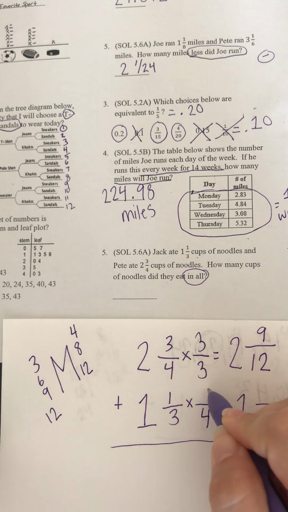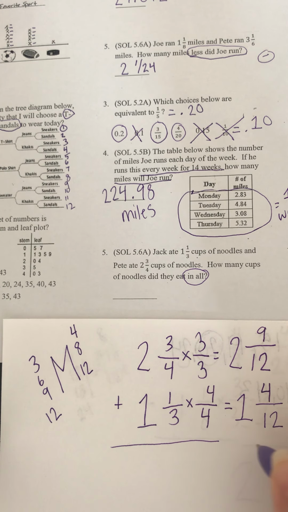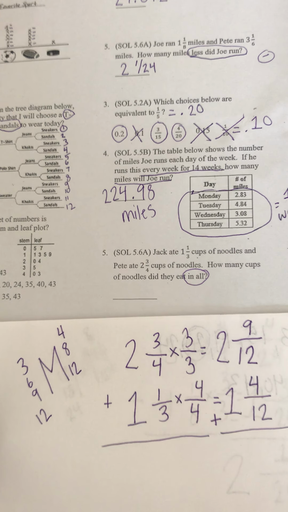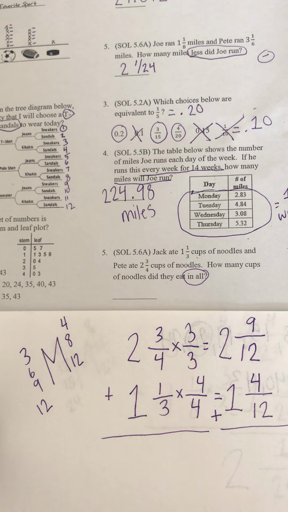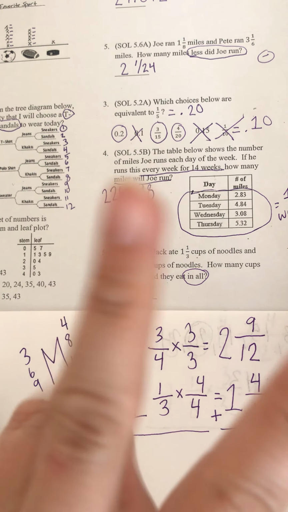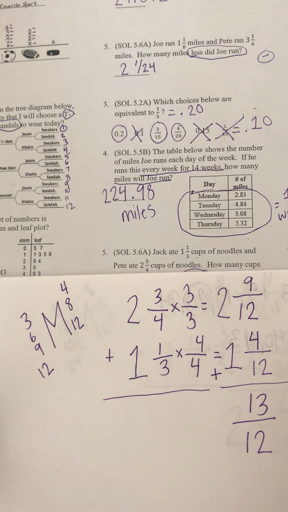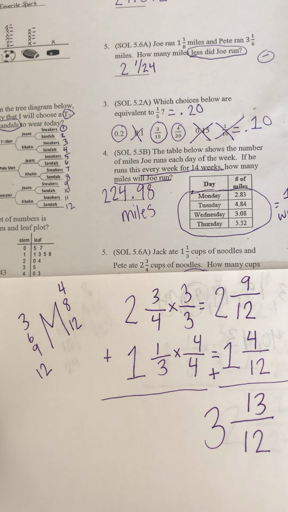So we need to do 1 times 4. All right. Now we're ready to add them because they have common denominators. All right, so 9 plus 4, 9, 10, 11, 12, 13. 2 plus 1 is 3. All right, this is what I have so far.